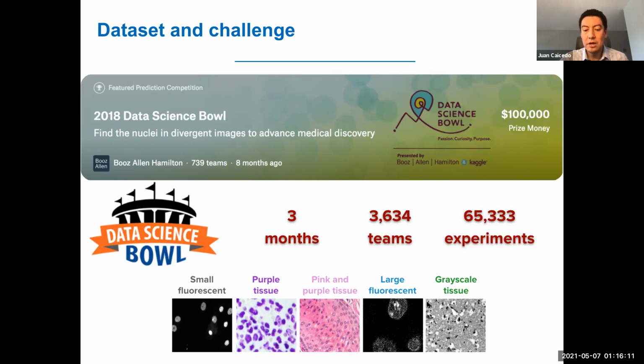And here are some examples of the 5 types that we considered in this competition. There are, of course, many more, but we included 30 different experiments with 5 image types. The competition ran for 3 months. We got participation of 3,000 teams, and all together they ran more than 65,000 experiments trying to crack the problem of how to segment single cells on any type of microscopy image.